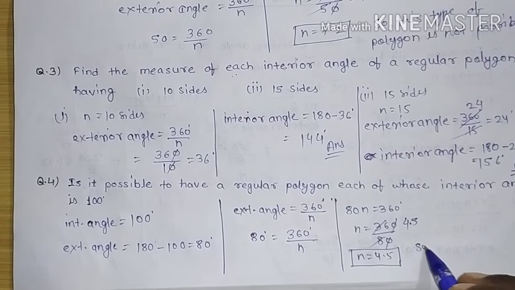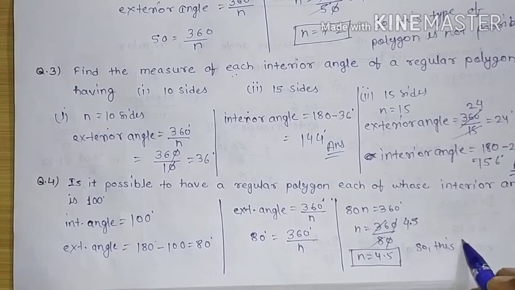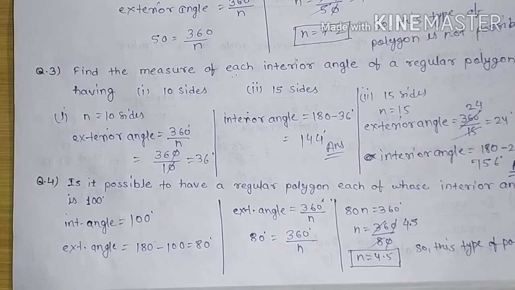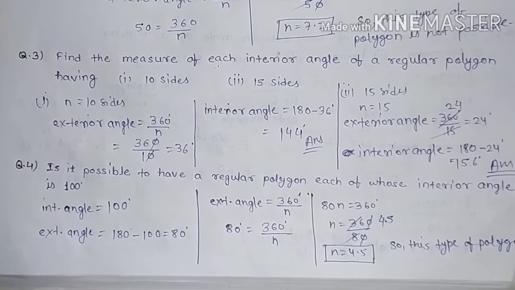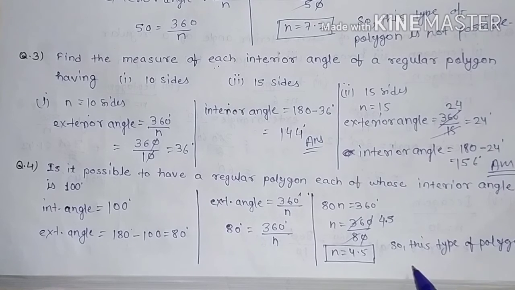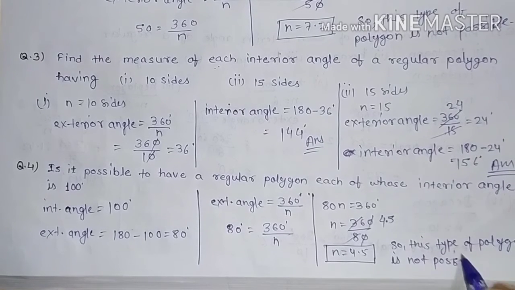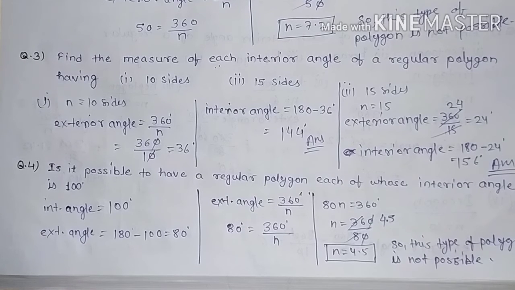So this type of polygon is not possible. Now this is the answer. Now the next question, question number 5.